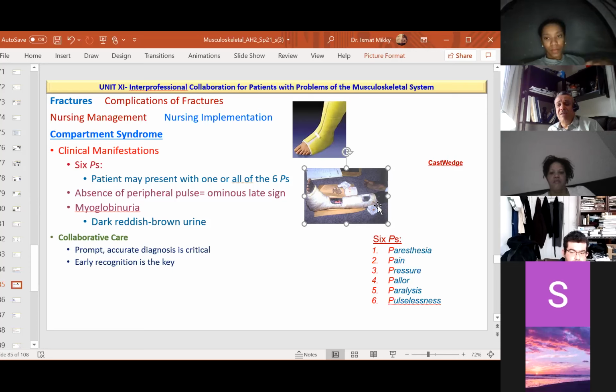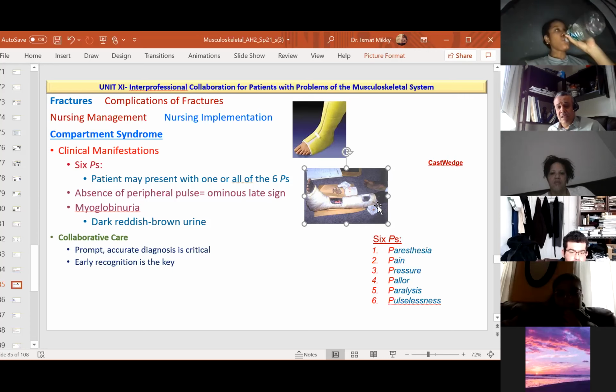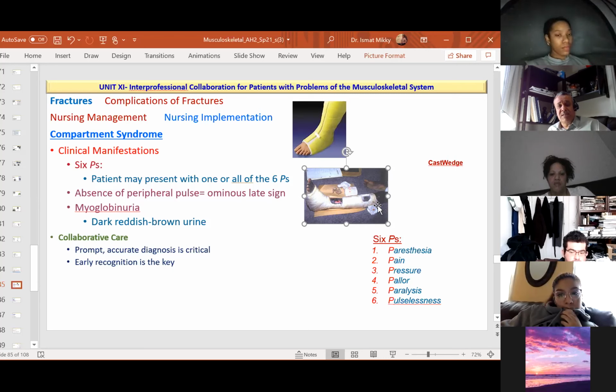Otherwise, the infection of the site itself can progress to osteomyelitis. That's what's called the cast window, or bivalving. So this is opening the window in case the patient develops an infection of the fracture site, like the wound post-op.